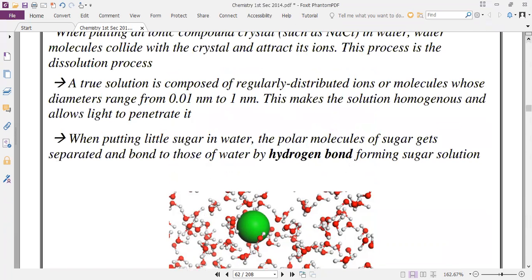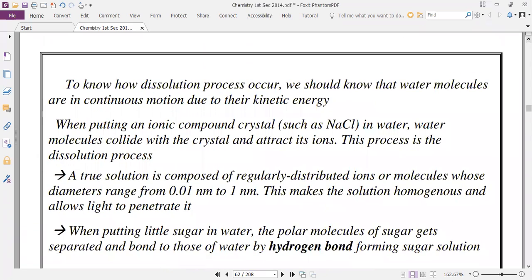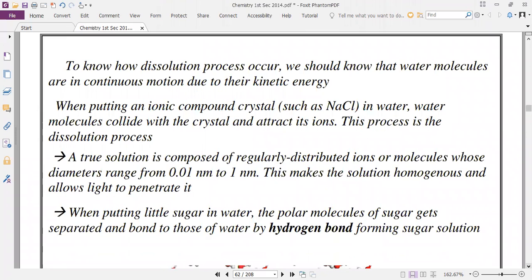Okay, try to read this paragraph. To know how the dissolution process occurs, we should know that water molecules are in continuous motion due to their kinetic energy. When putting an ionic compound crystal, such as NaCl, in water, water molecules collide with the crystal and attract its ions. This process is the dissolution process.